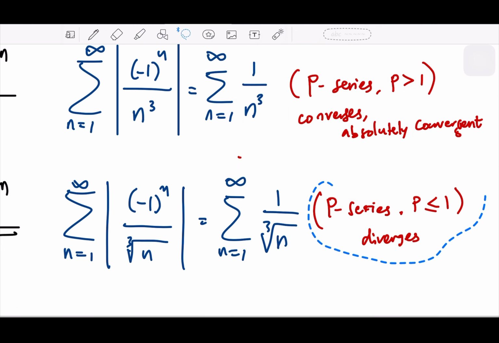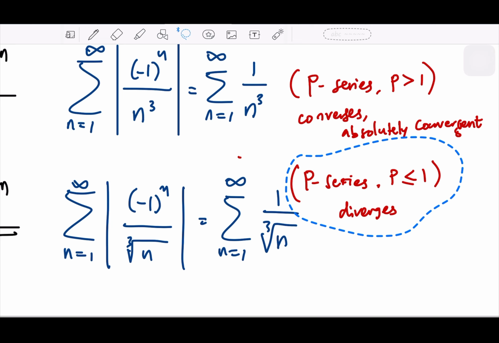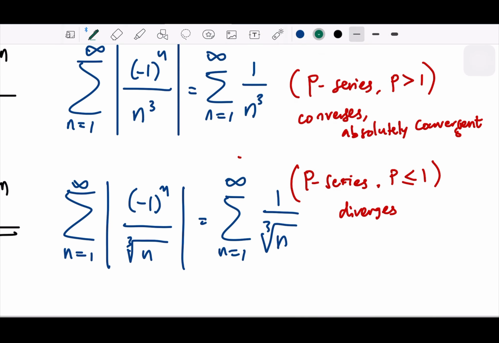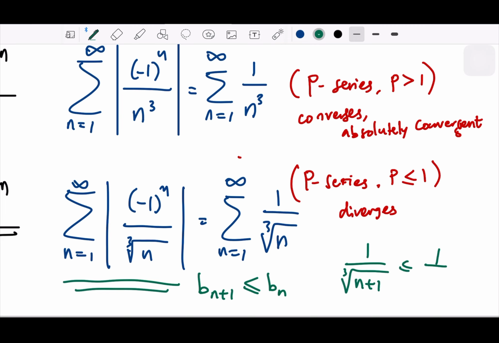But if you look at the series, maybe we're writing with green, if you check bn plus 1 is smaller than bn, this is true, right?